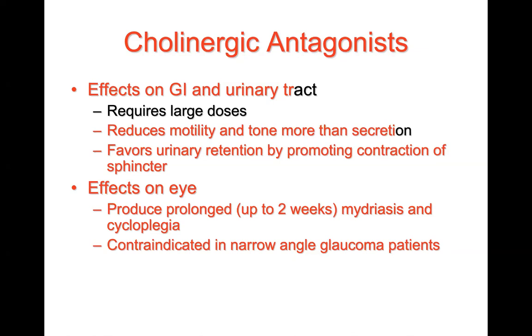When we put atropine eye drops in, it could produce a very prolonged mydriasis. Your pupils are really dilated for a long period of time, in fact up to 2 weeks, which made it very difficult. They tried to dilute it down to get less of an action, but we did see people that had cycloplegia, which means they couldn't see near and far distance and their pupils were dilated.